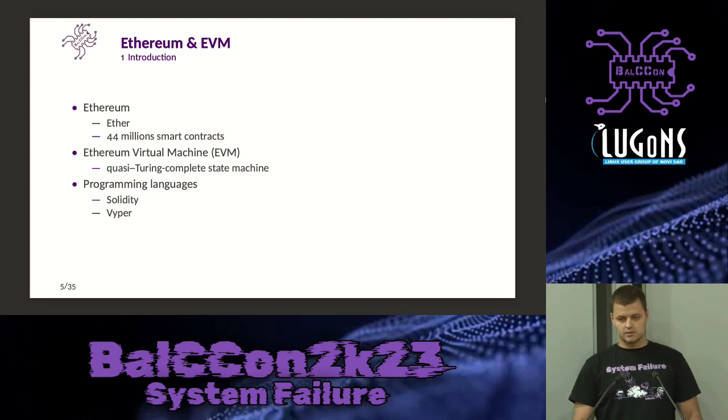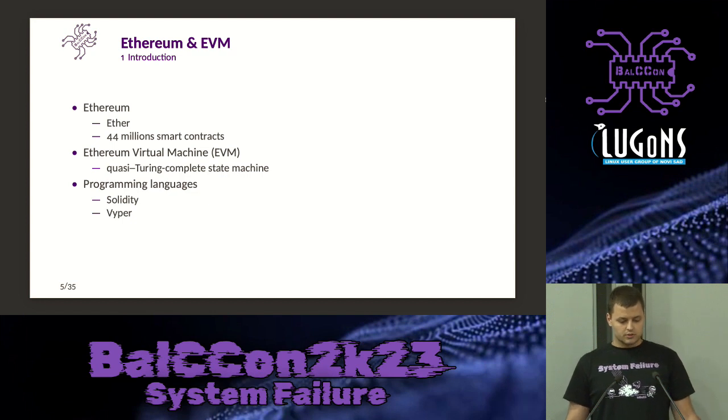Why quasi? It's like a regular state machine, but with one limit: for each thing that you want to execute, you need to pay for it. There is a gas defined. You need to pay tokens for execution, and infinite loops are impossible. You will run out of gas and the program will stop. You will see later why this is important.